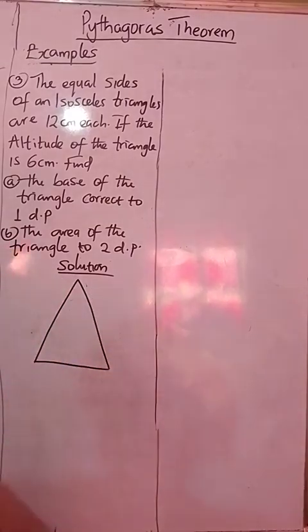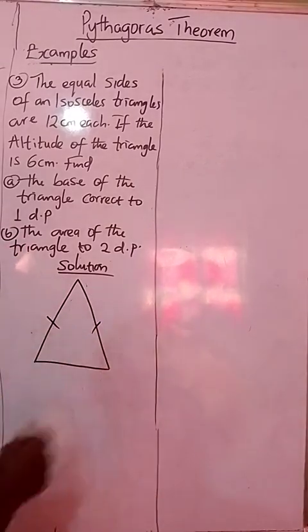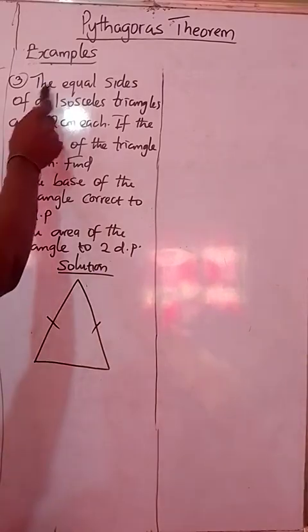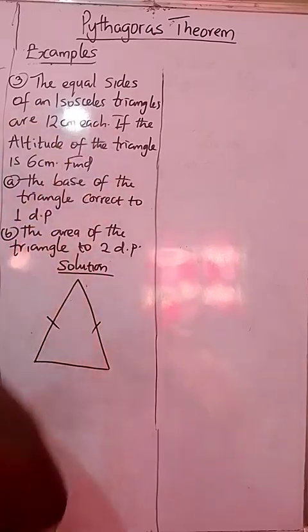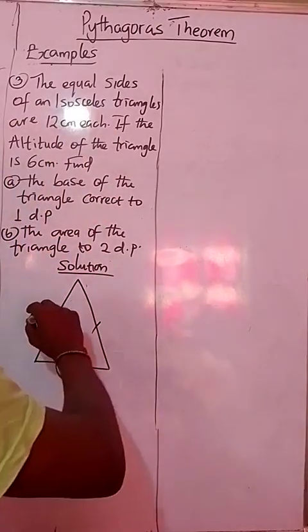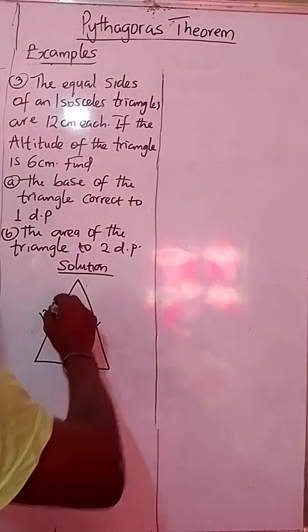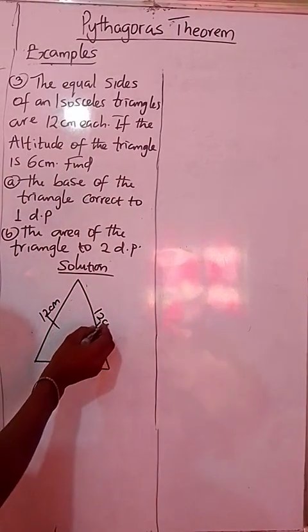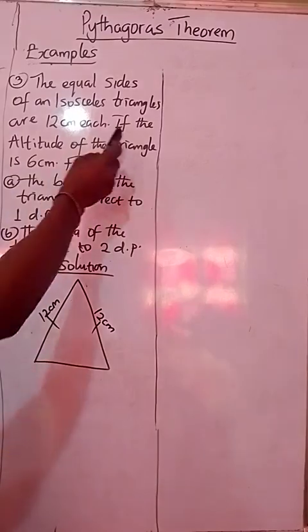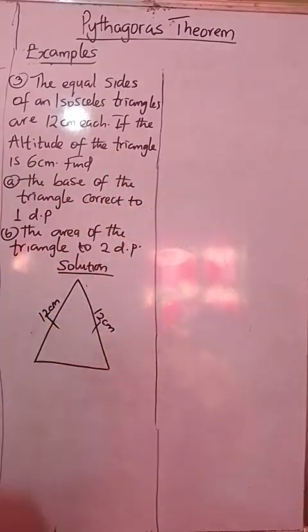So this side will be equal to this. Alright, so the equal sides of an isosceles triangle are 12 centimeters, meaning here is 12 centimeters, here is also 12 centimeters.